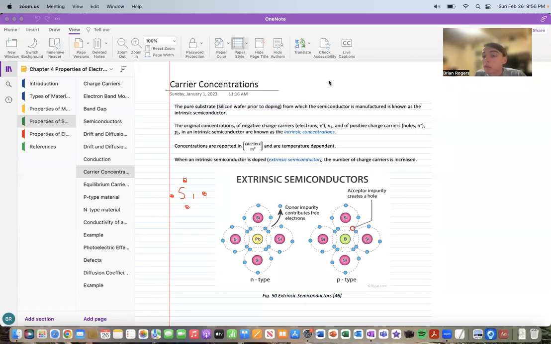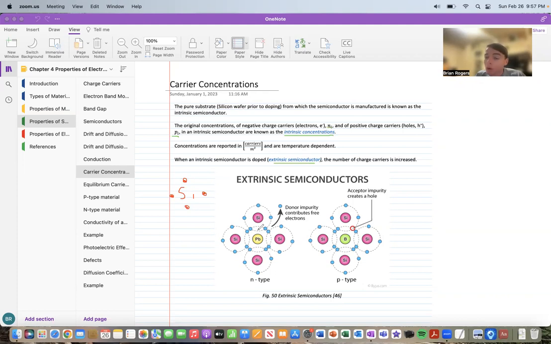The original concentrations of negative charge carriers, which is referred to as n sub i, and positive charge carriers, which is p sub i, refer to the intrinsic amount. Those are the intrinsic concentrations. But once you start to dope it with the extrinsic elements, either 3 electron elements or 5 electron elements, it becomes an extrinsic semiconductor, because the number of charge carriers is increased.